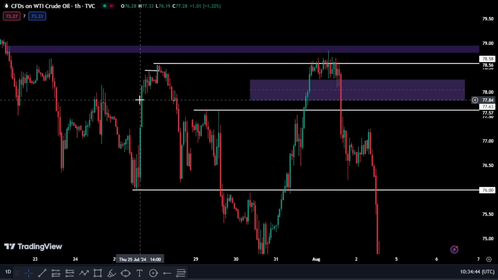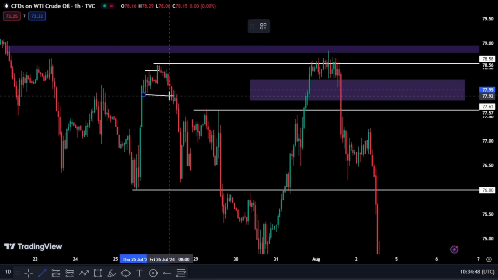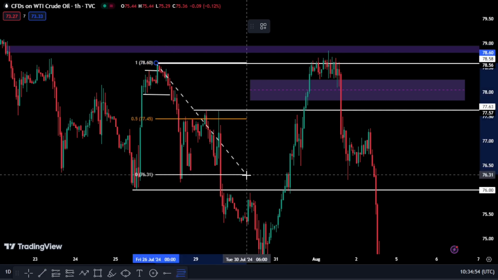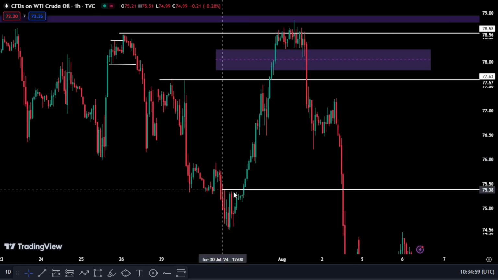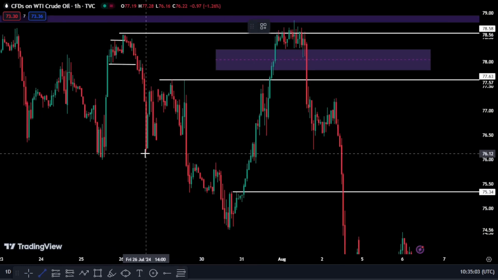And we have a break here, and then we have a pullback which, if you check, is more than 50%. You don't expect this thing to be all perfect. And then we have another break of structure, which is this. Don't expect it to be all perfect.